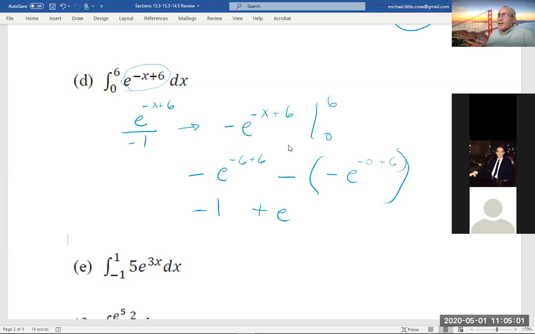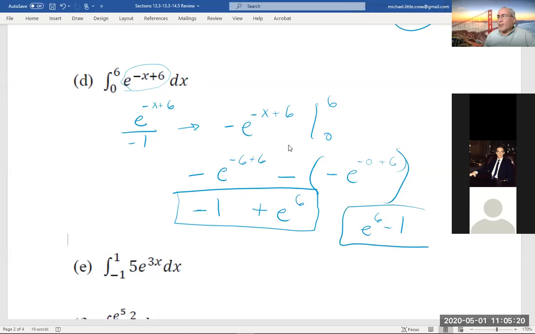Negative 0 plus 6 is e to the 6th. Now, if you put e to the 6 in your calculator, you'll get an approximate answer. So again, if they have an exact answer, it's going to look like this or this. They could have either one, they're both the same. So this is one that if you put it in, you'll get the decimal approximation.